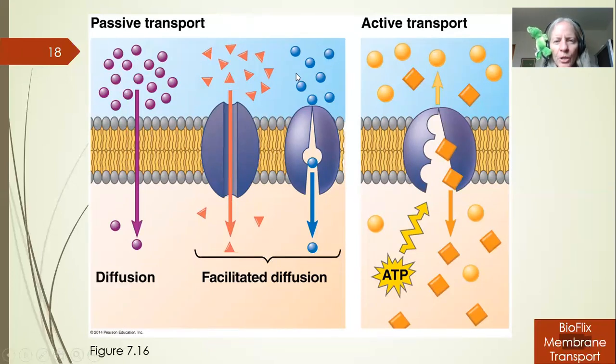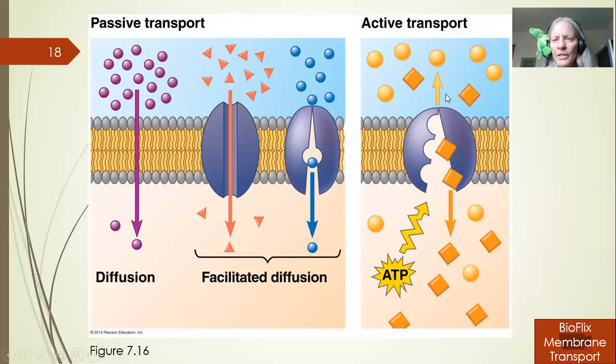And with these blue spheres, they are also moving down their concentration gradient, but in this case they are moving through what we call a carrier protein that will change shape to allow these ions or molecules to pass through. So we have 3 kinds of passive transport. In each case, molecules or ions are moving down their concentration gradient from a higher to a lower concentration.